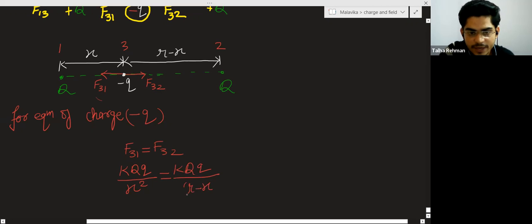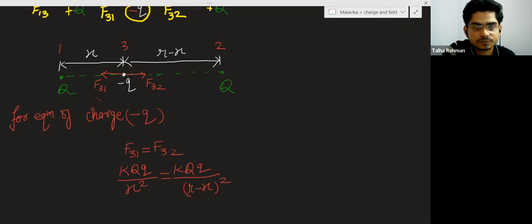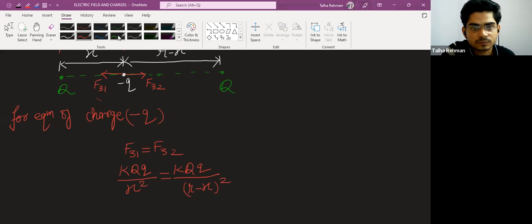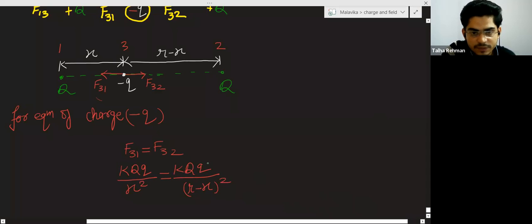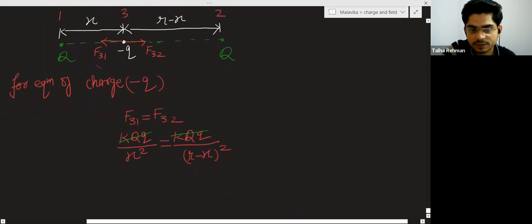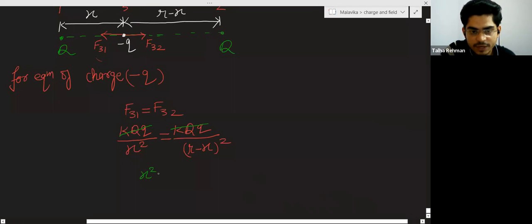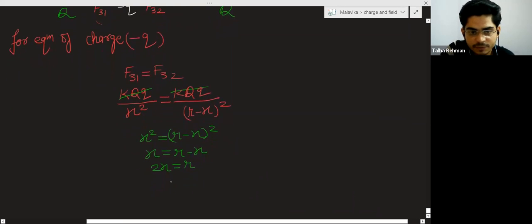K and all the terms cancel out, and we will get x square is equal to R minus x square, and we will take the under root, then we will get x is equal to r minus x, and this will be 2x is equal to r, and x is equal to r divided by 2. This is the final answer.